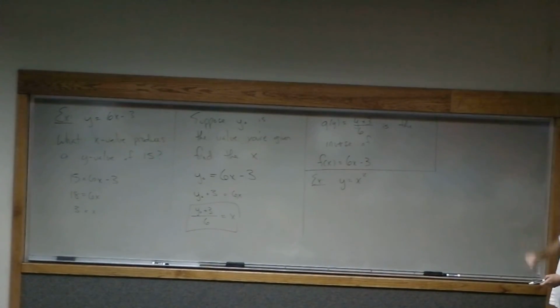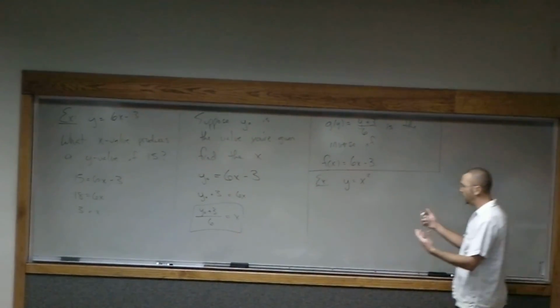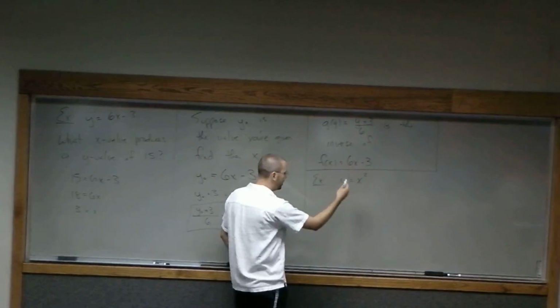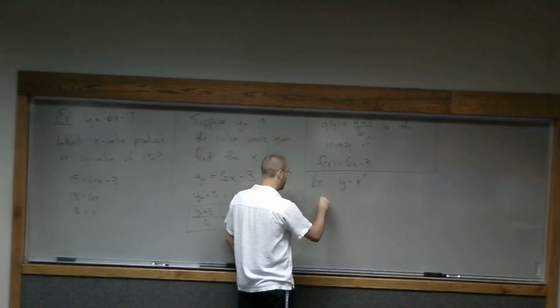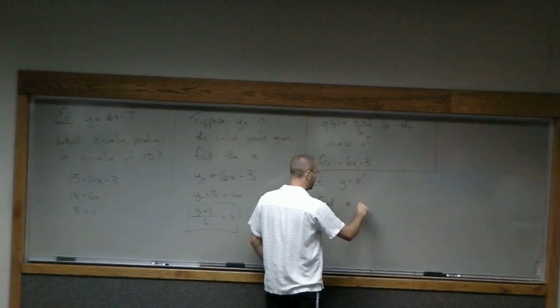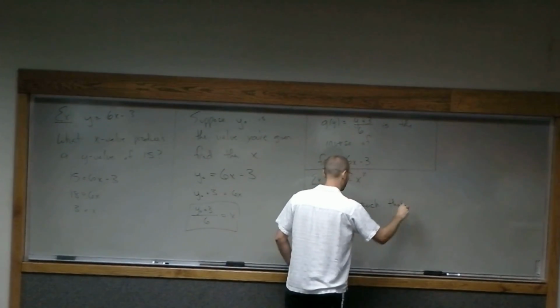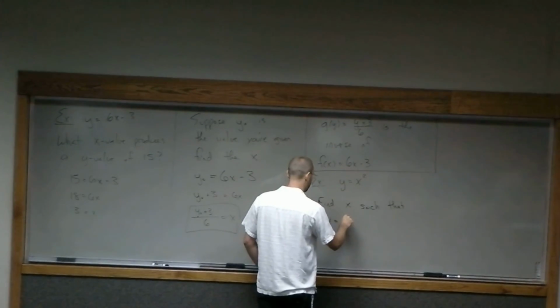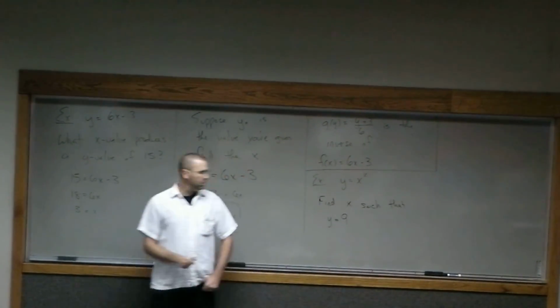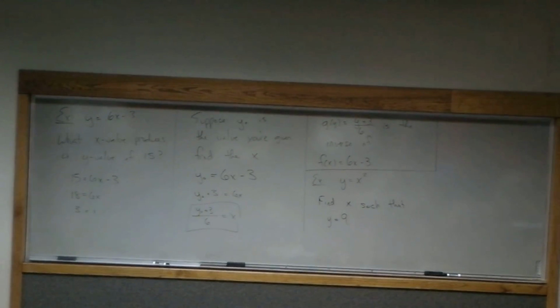When I put a number into the y equals x squared function, we're squaring it, and that's our output. Let's find x such that y equals 9. Find the x that goes along with y equals 9. How would you do that?